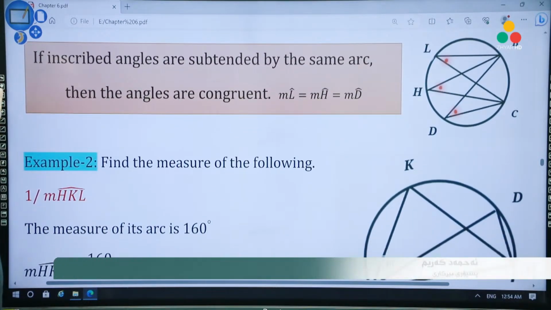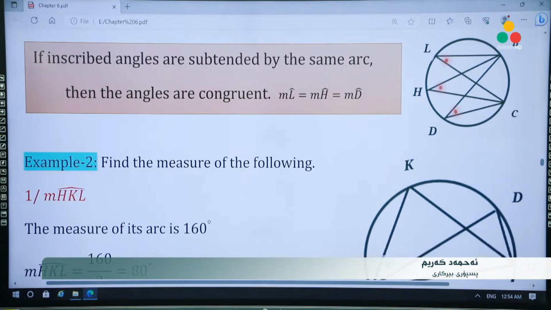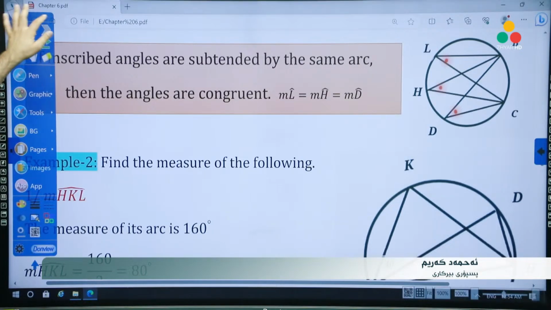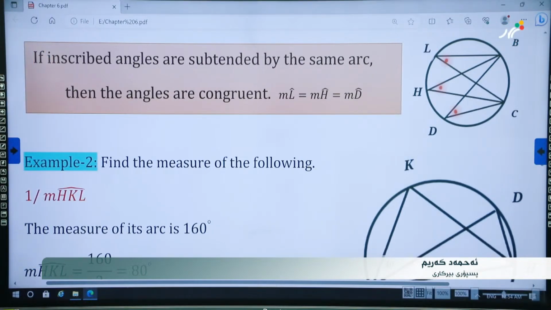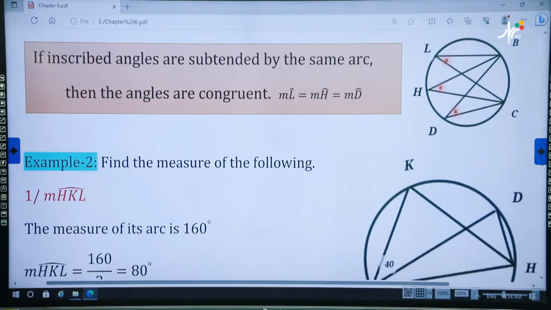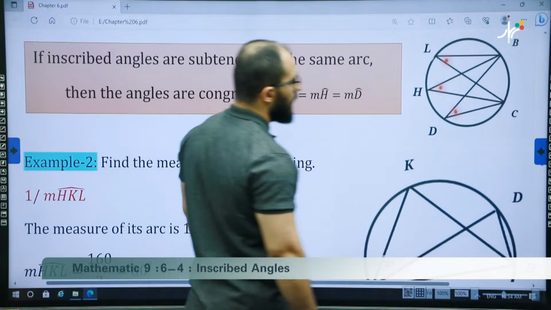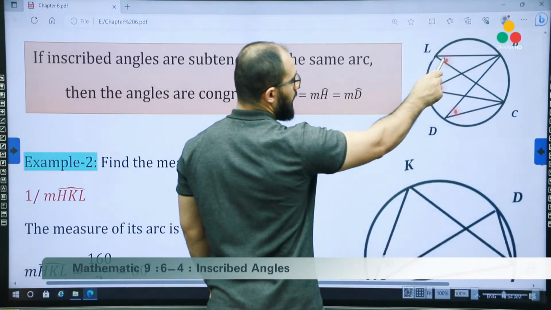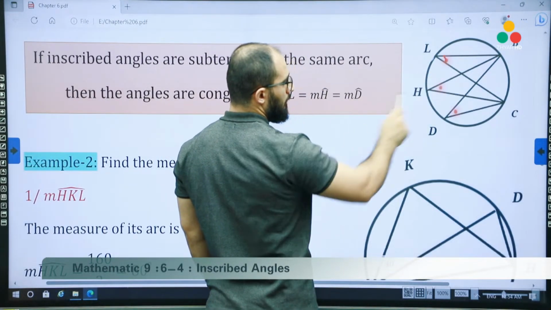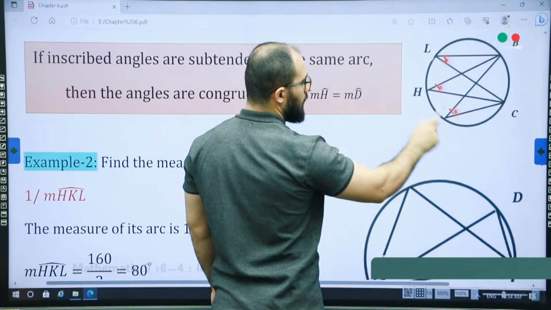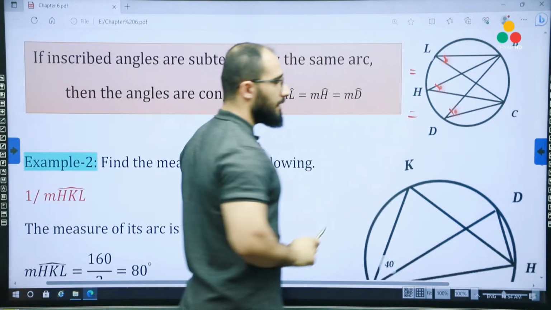So that's great. We have that theorem. It says if inscribed angles are subtended by the same arc, then the angles are congruent. Okay, let's explain. What does it mean? Right now we have angles L, H, and D. All of them have the same measure.